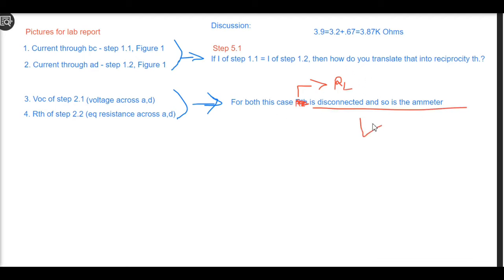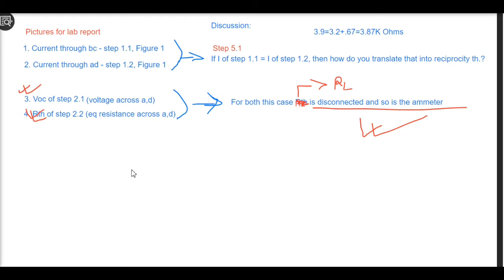In the discussion section, you also take the reading of VOC and the reading of RTH with the help of a multimeter. After doing so, I guess all of you know how to represent a complex circuit as a Thevenin's equivalent circuit by hand, which I'm guessing you already do.